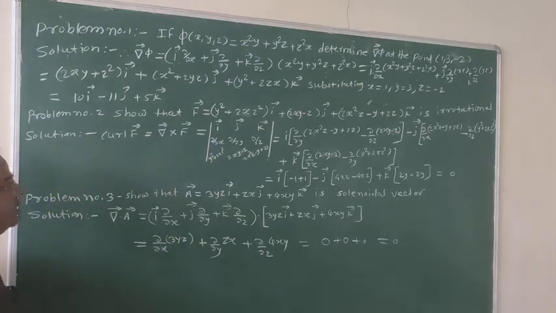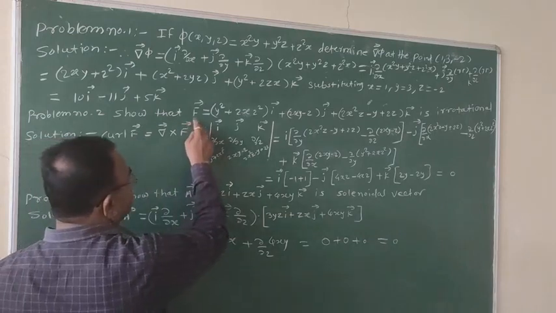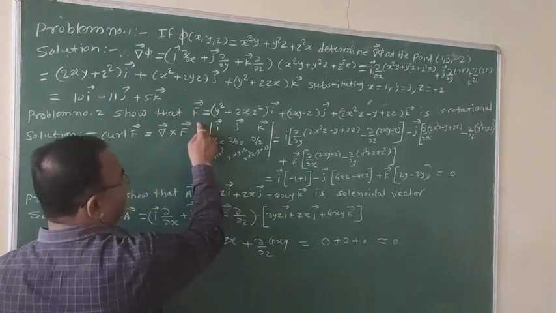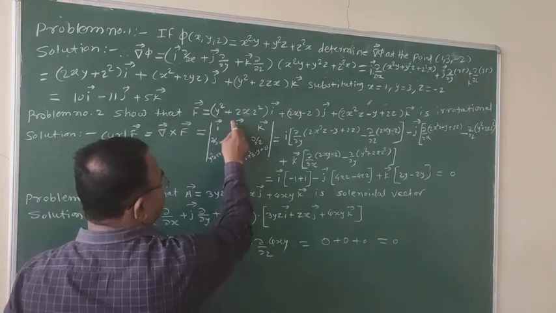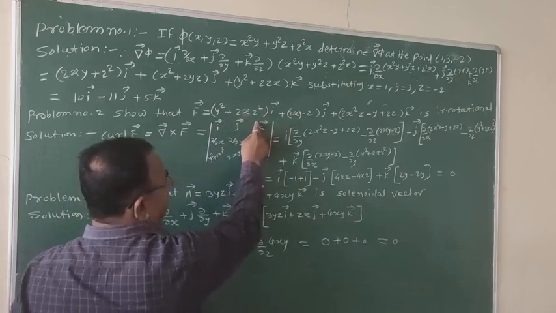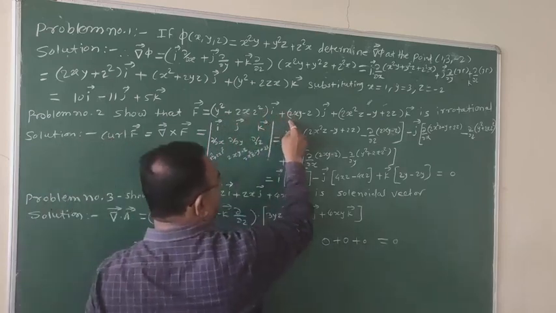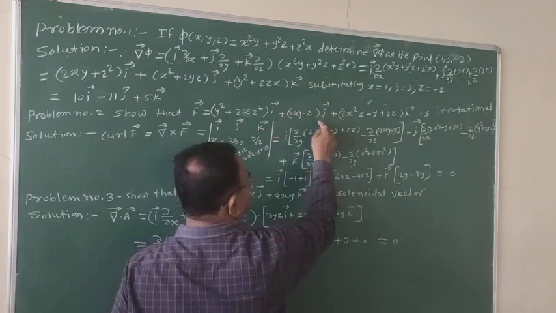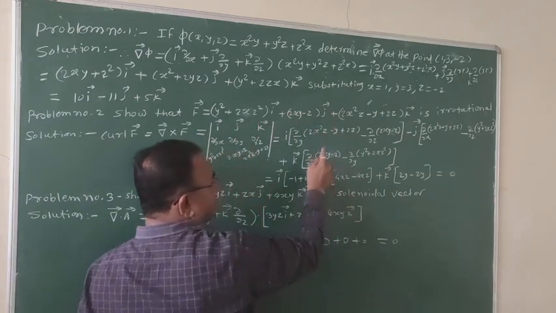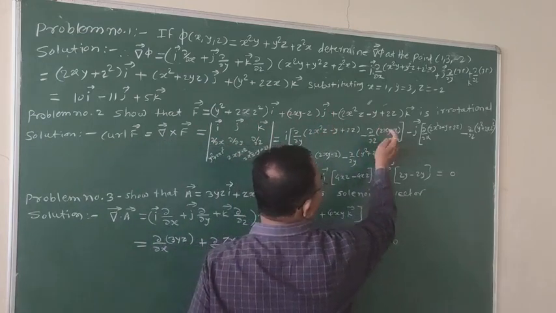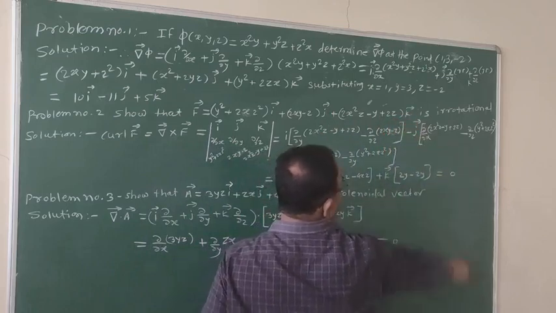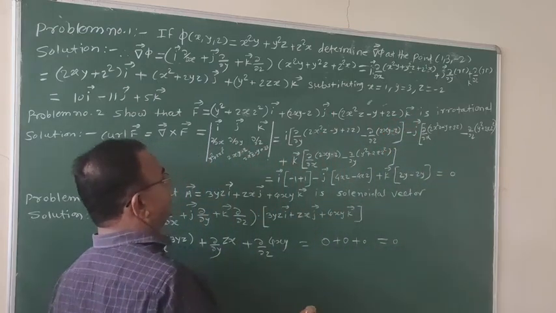Show that if f is a vector given by (y square plus 2xz square) i bar plus (2xy minus z) j bar plus (2x square z minus y plus 2z) k bar, then it is irrotational.